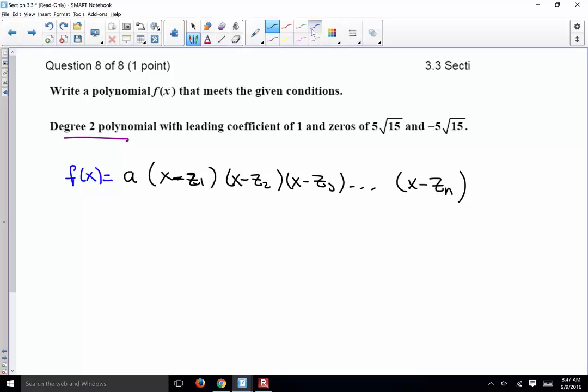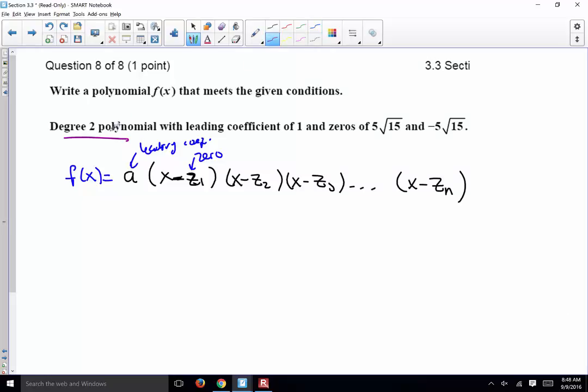What does z stand for? Zero. So if you know zeros of the polynomials, you just supply them in the z's. If you also know the leading coefficient, you supply it here. That's how you build the entire polynomial from the roots or zeros.